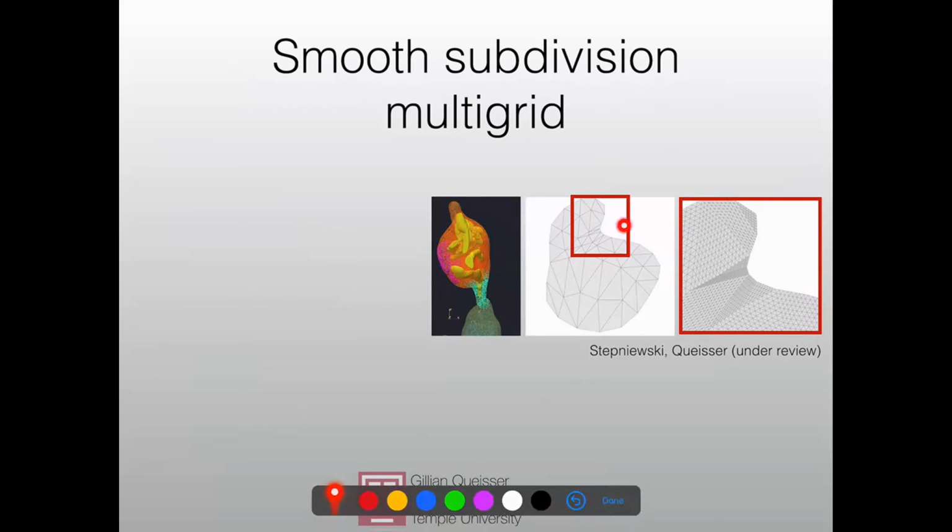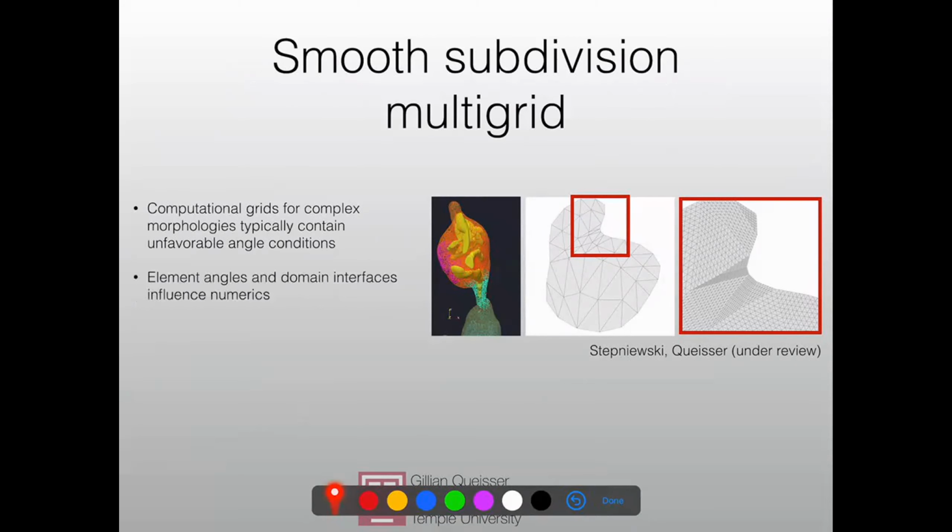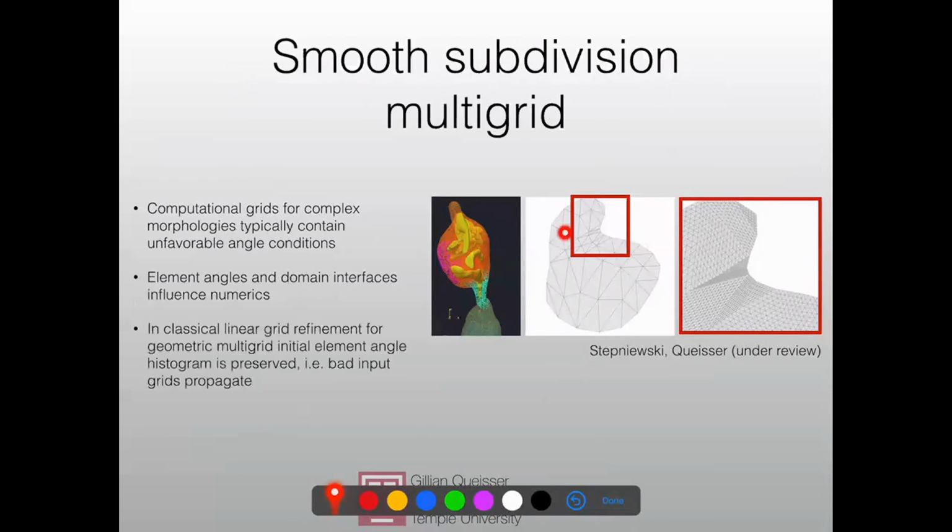So element angles and domain interfaces influence the numerics here and make it less than optimal. And once we've introduced, by the reconstruction method for instance, elements that are unfavorable for the numerical approach, these would, in a multigrid method, when refining, just propagate through the grid hierarchy.